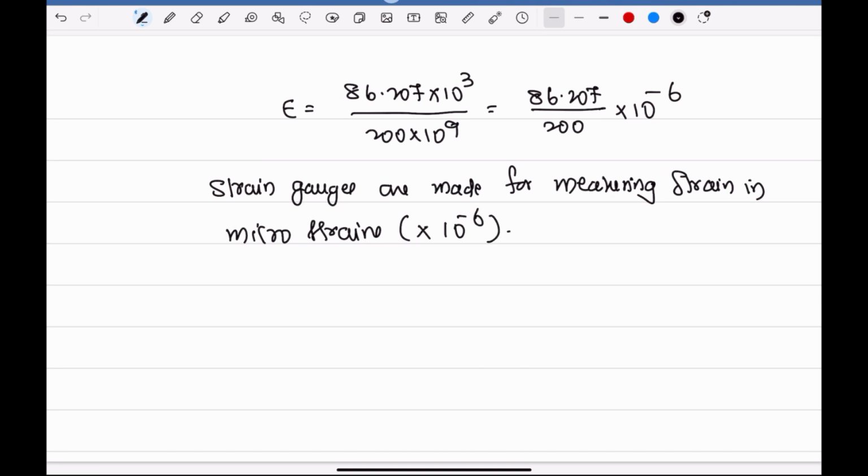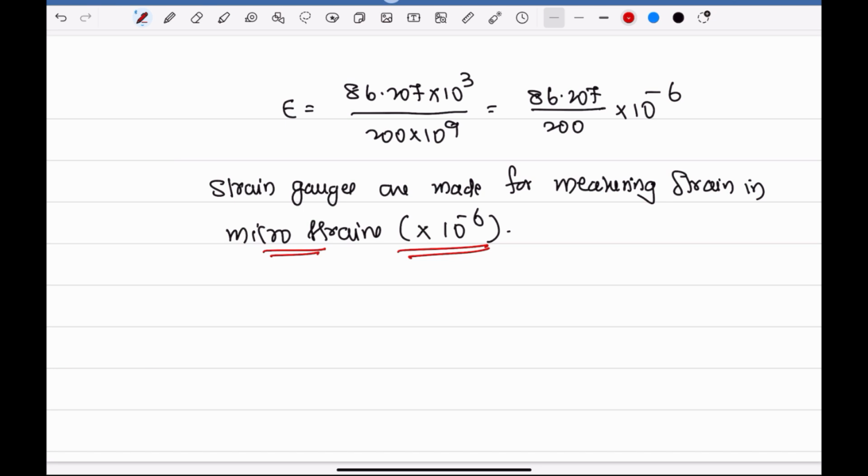This is a practical thing: in the market we will get micro strain gauges. This can also be a question in your examination. You may get strain in different units, but in the market the strain gauges read micro strains. Please remember this. In the question I have also given a micro strain gauge reading.